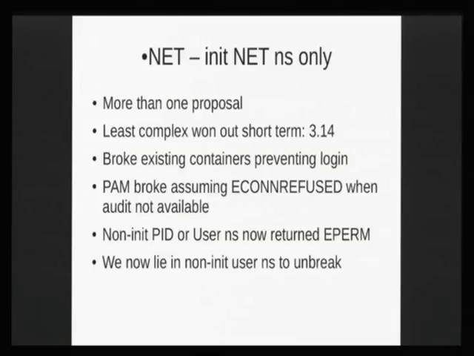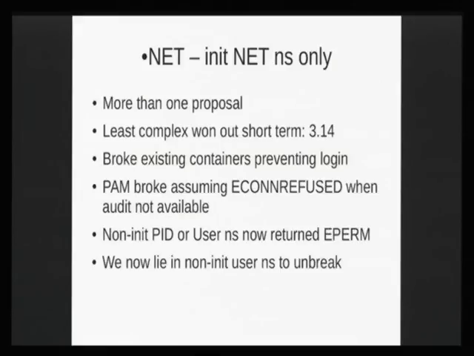Well, when we quote, unquote, fixed things for the network namespace, that all of a sudden allowed that connection to be visible. And the problem was there were certain cases where instead of getting that ECONNREFUSED, you would get EPERM.